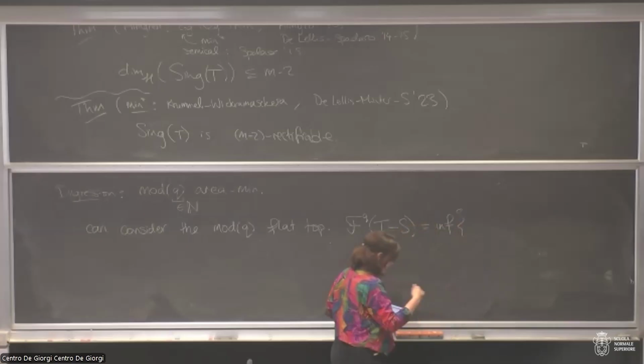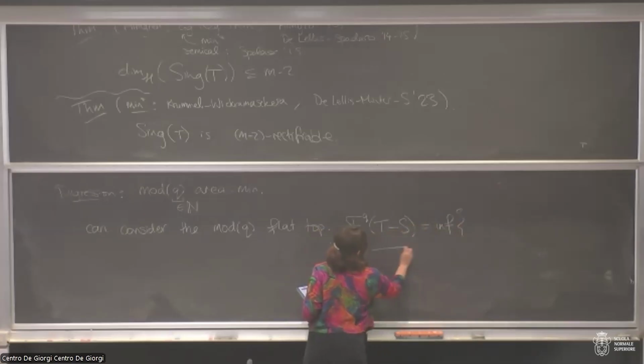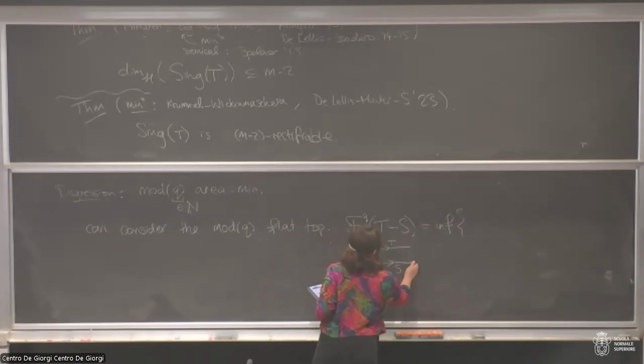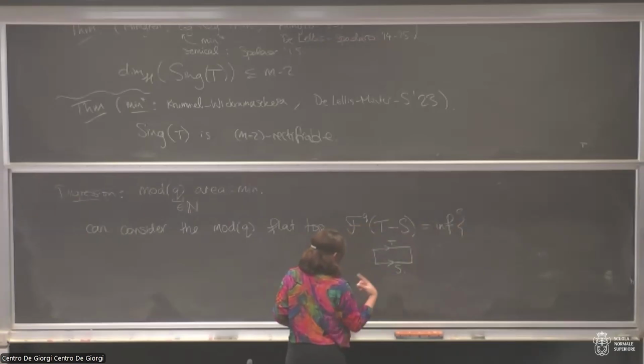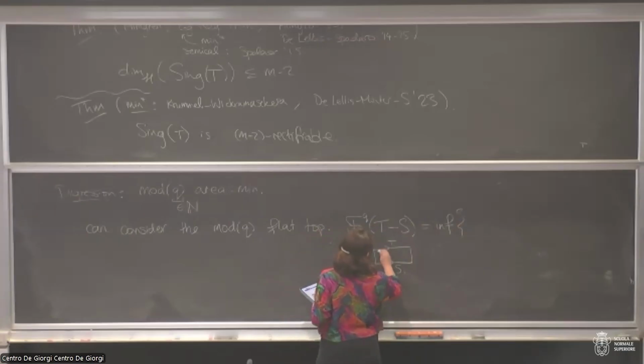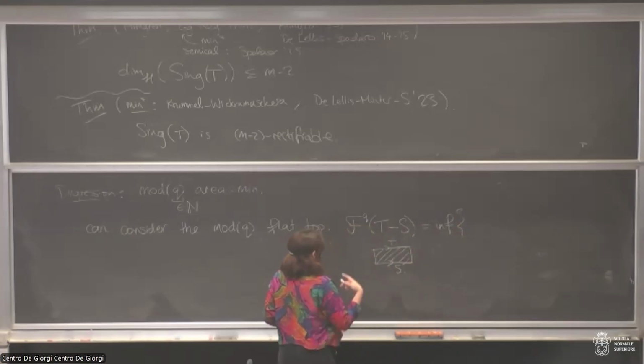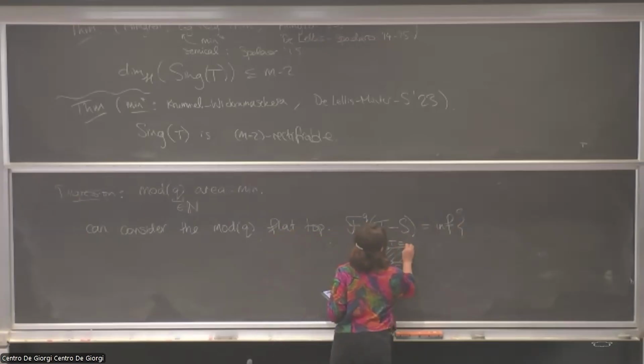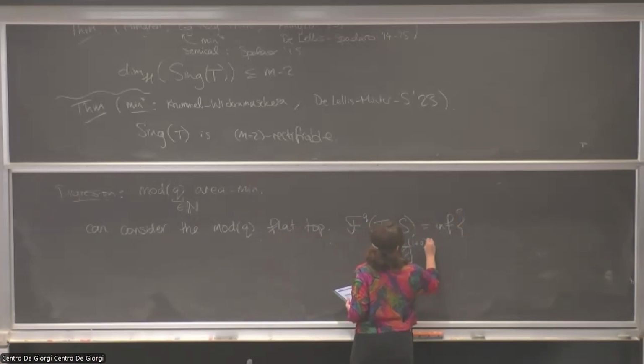The idea is that you take T, you take S, and the mod Q flat distance between these two should be how much it costs you to close this up into a boundary, and then how much it costs you to fill it, accounting for the fact that it doesn't cost you anything to add things mod Q.